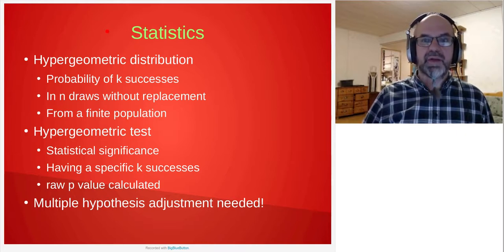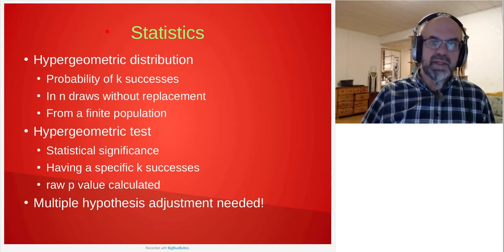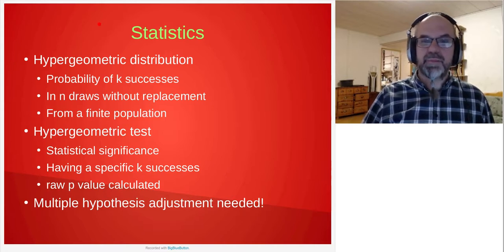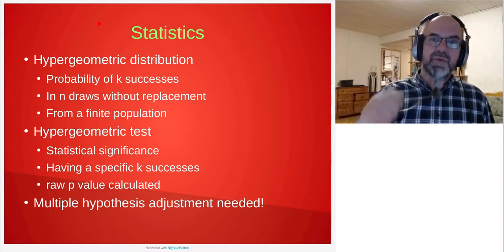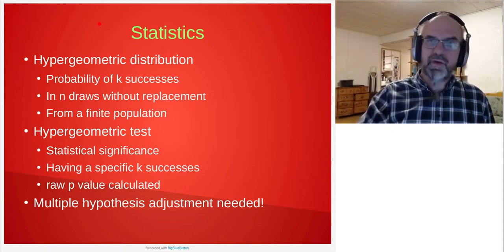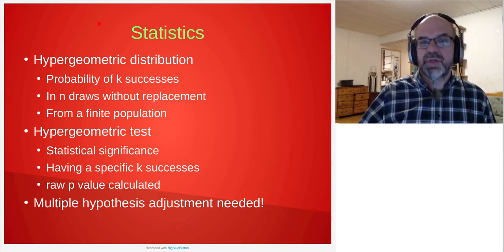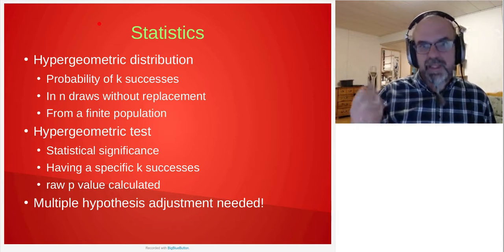genes. For example, if you want to pinpoint a single gene and you draw half of the genome, 10,000 genes, then you will have a 50% probability that you will pick up that particular gene.